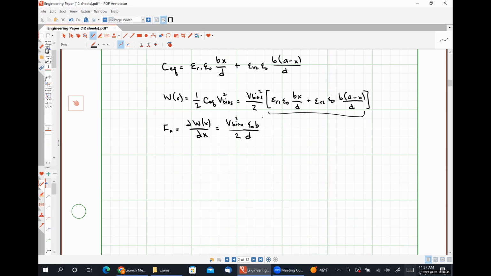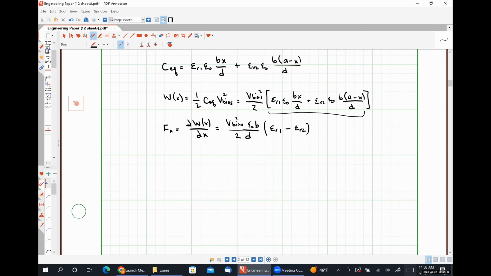And so I'm going to have epsilon R1 times X. When I take the derivative, I get just epsilon R1. And on the right-hand side, I'm going to have epsilon R2 times (A minus X). Well, when I take the derivative of that, that looks just like negative epsilon R2. So the result here is very, very interesting, okay?